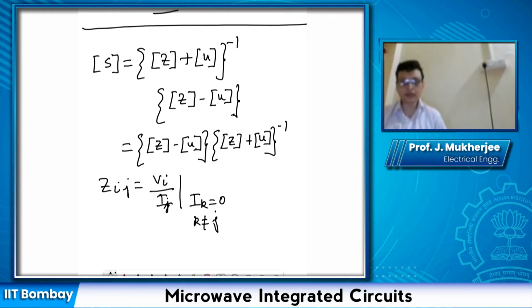To make all the other Iks equal to 0, all we have to do is keep those ports open, right? So that's why Z or Y parameters Yij are somewhat easier to calculate. So for example, Yij is defined like this.